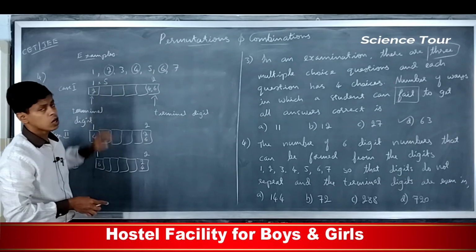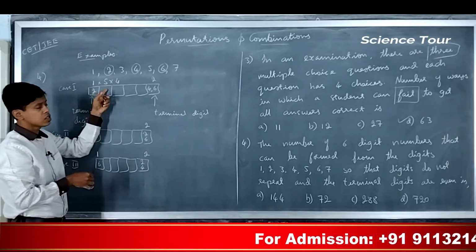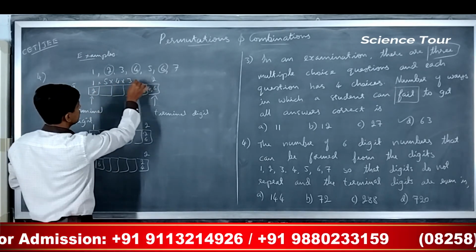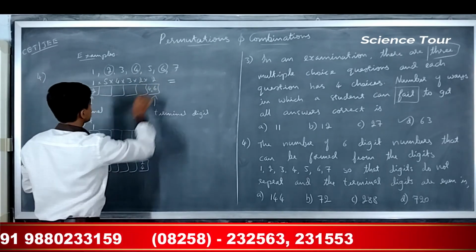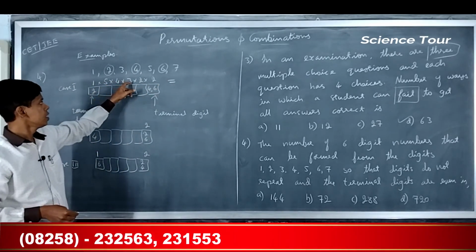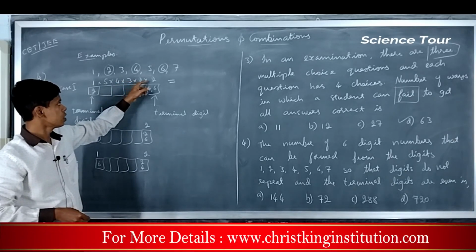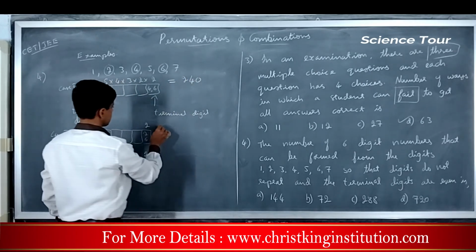So you have got 5 options to you, and here you have got 4 options because 1 is already taken, you cannot repeat it. Okay, then you have got 3, and then here you have 2 options. So that is like 20, 60, 120, 240. So 240 is the answer.